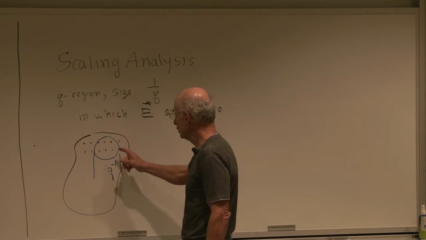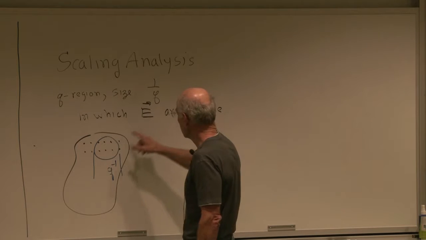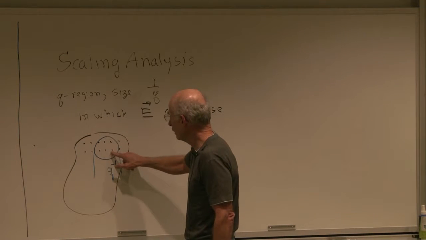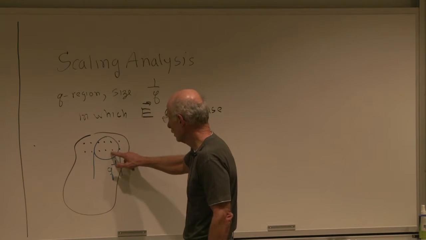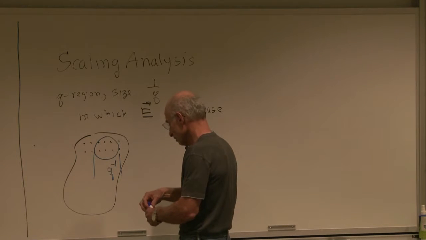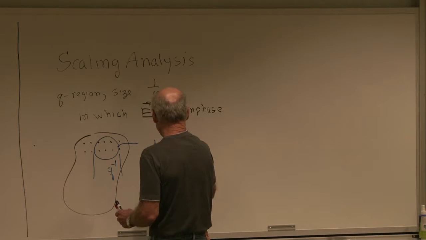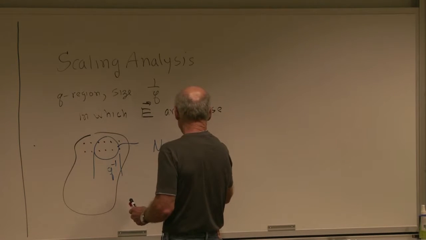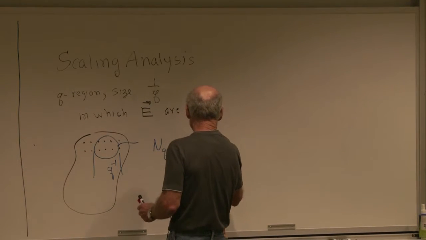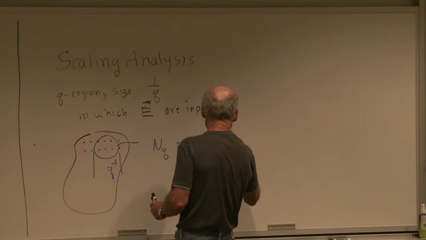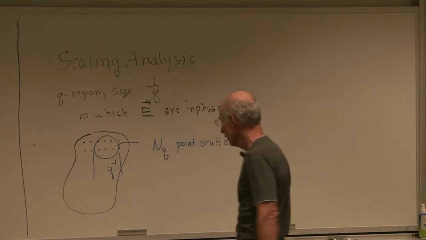And now what I'm going to do is say to myself, okay, the number of little point scatterers in here is n sub q. So in this Q region, I have n sub q point scatterers. Right?